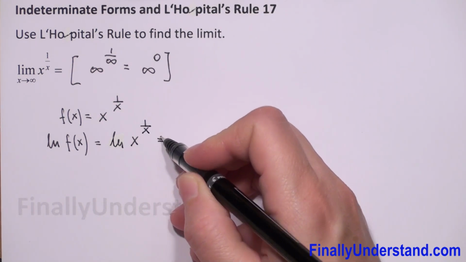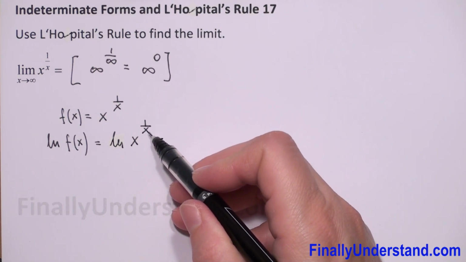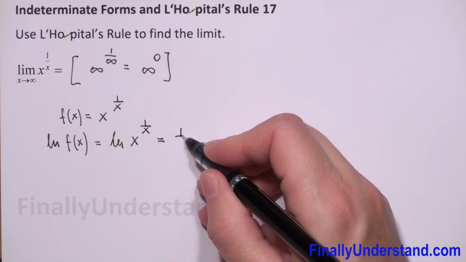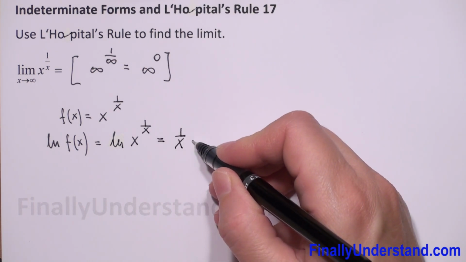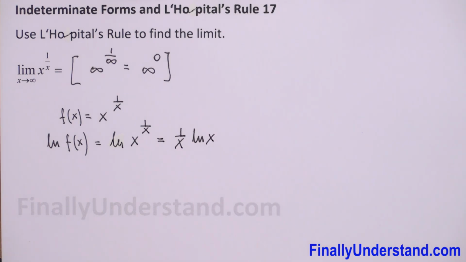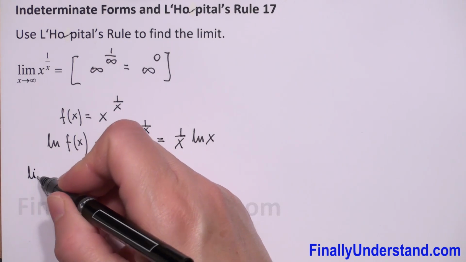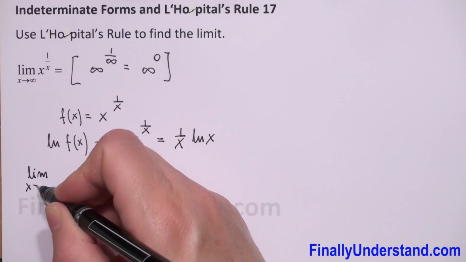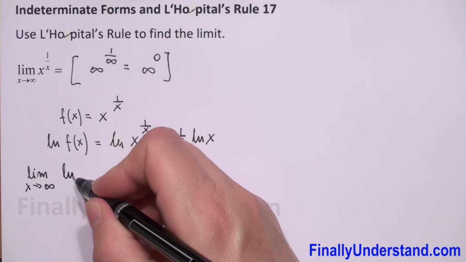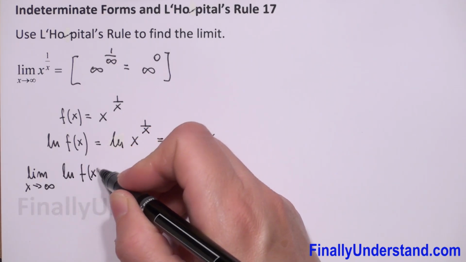From the law of logs we can take down this power and we have 1 over x times natural log of x. Now we will find the limit as x approaches positive infinity of natural log of f of x.